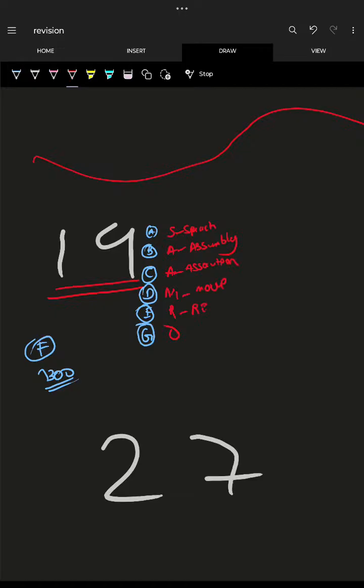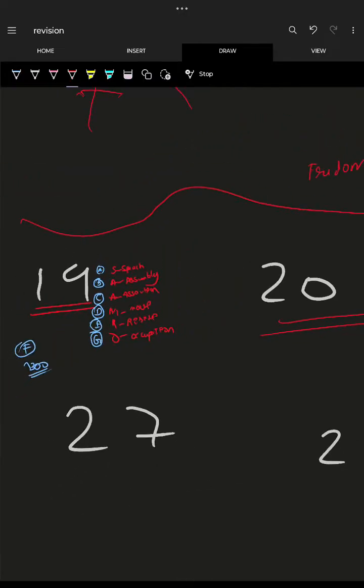Then reside in any part of the country. Then occupation.